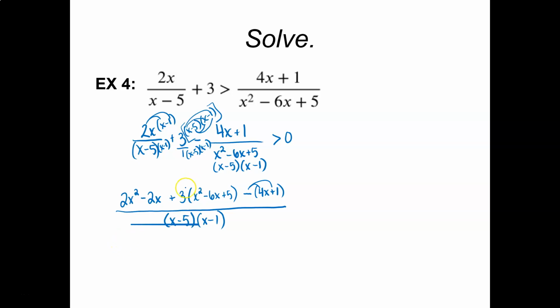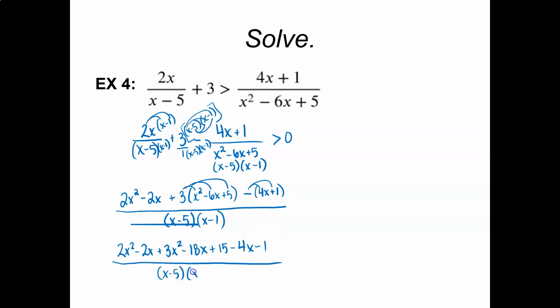So, let's distribute the stuff that needs distributing. 2x squared minus 2x plus 3x squared minus 18x plus 15 minus 4x minus 1 over x minus 5, x minus 1. This is greater than 0.